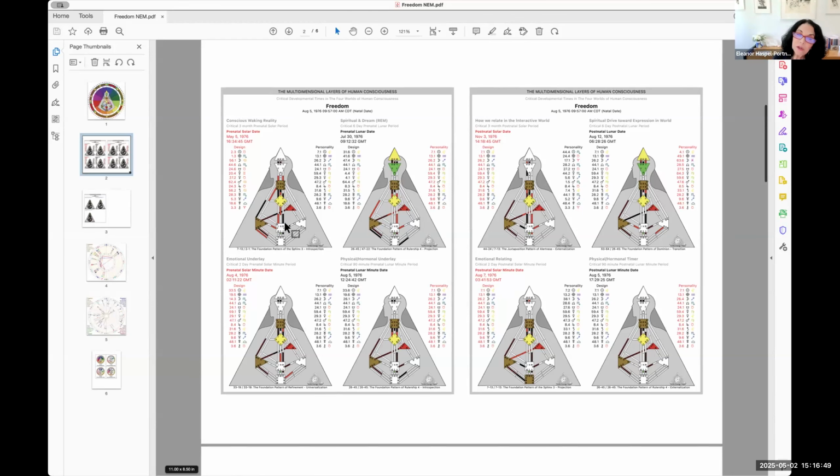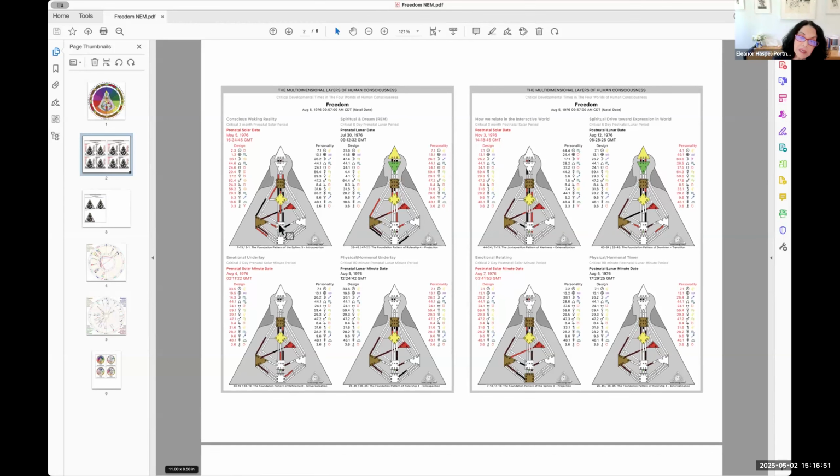So the 214 is something I take as extremely important when I see it in somebody's design. Because what is it in human design? The 214 is keys of the kingdom, direction of the self.